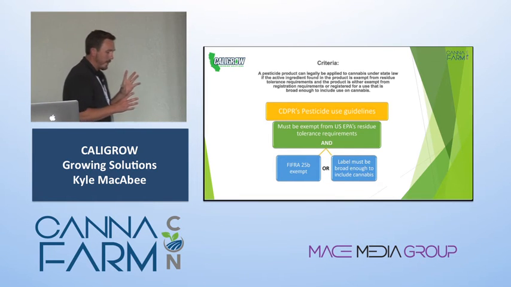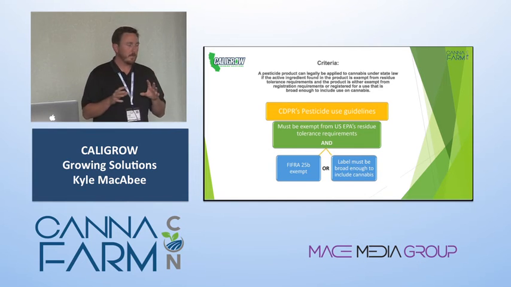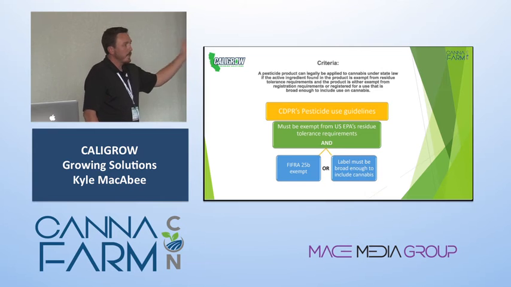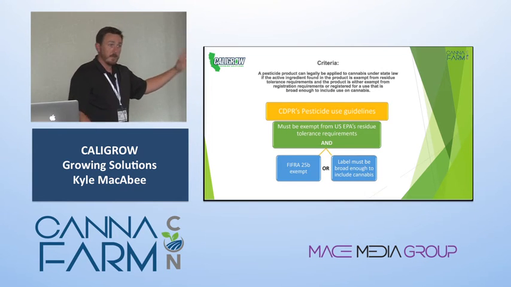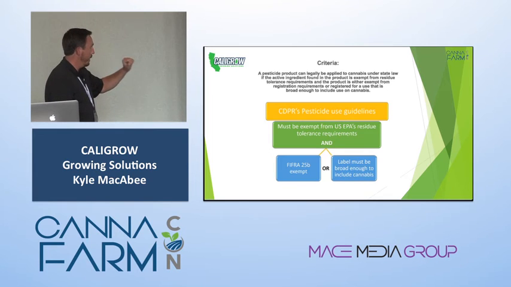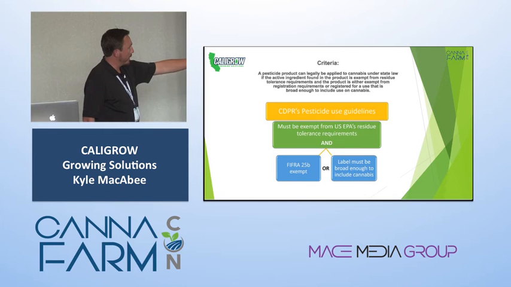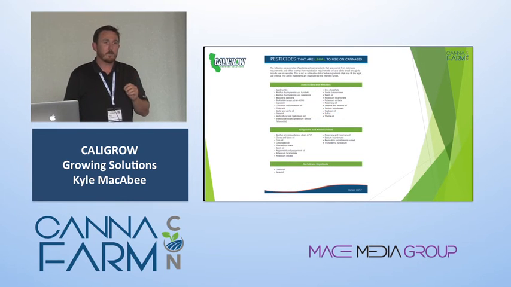This is a two or three part thing to understand with pesticide regulation. The DPR has released these guidelines saying here's what it takes to legally apply a pesticide of any kind in cannabis or hemp. Number one, if you start at the green box up top, it has to be a material that is EPA exempt for residue.